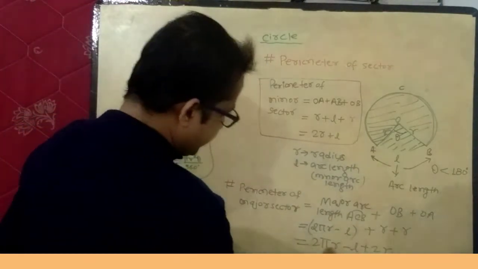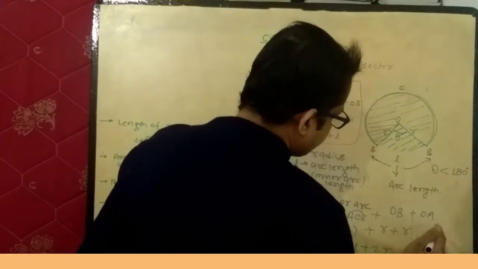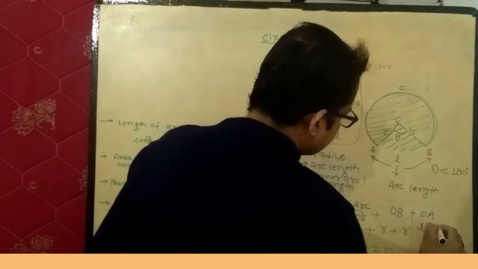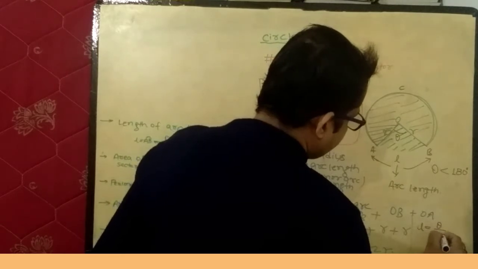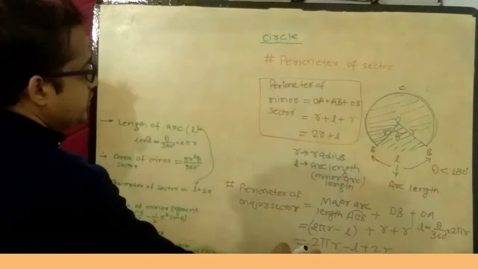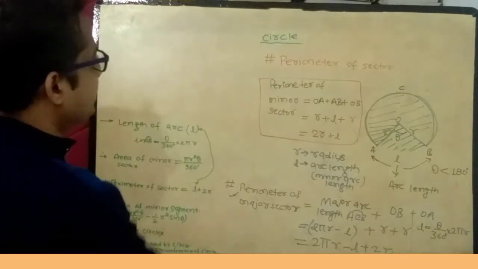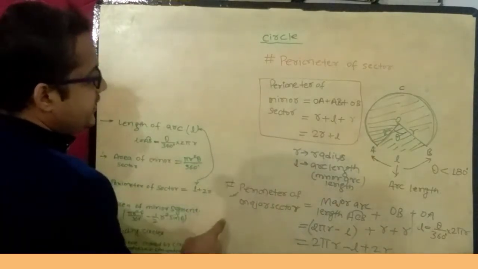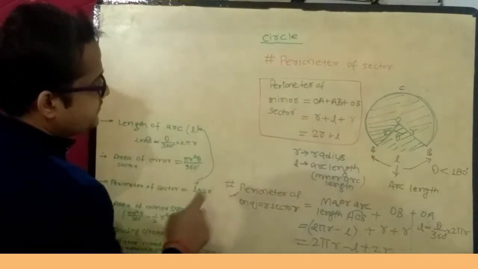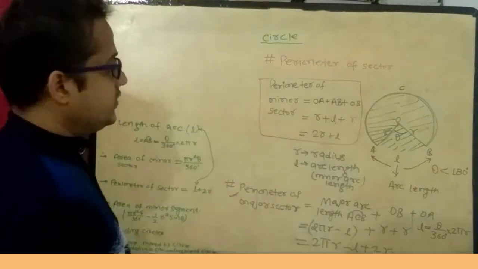You can also put here l equals to theta upon 360 degree into 2 pi r. Then you can find out perimeter of a major sector. Remember this formula, and you can easily find out this perimeter of major sector by using this formula.